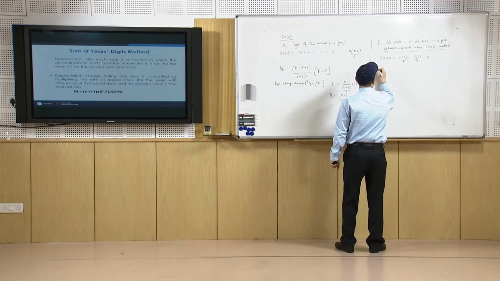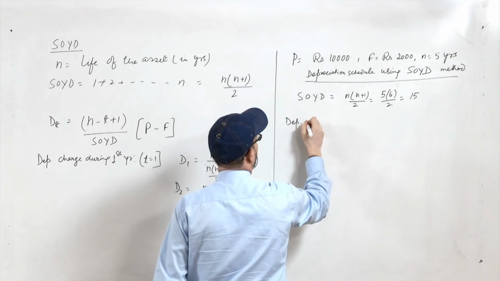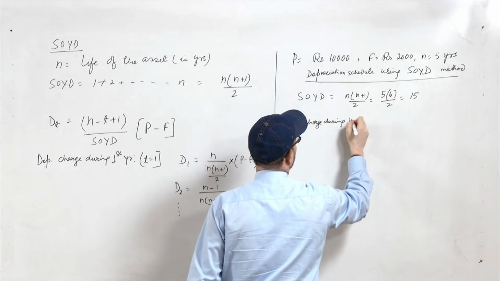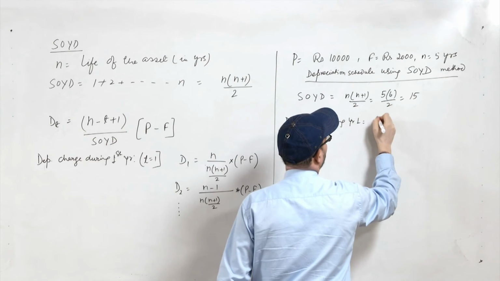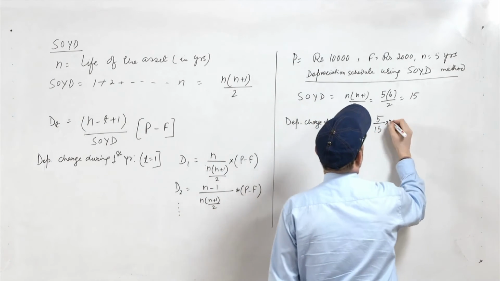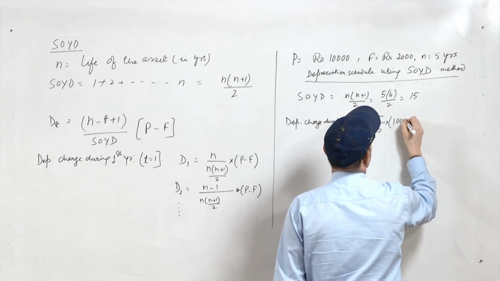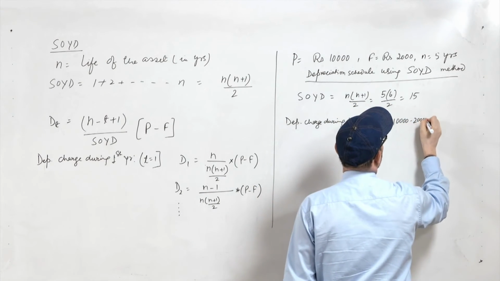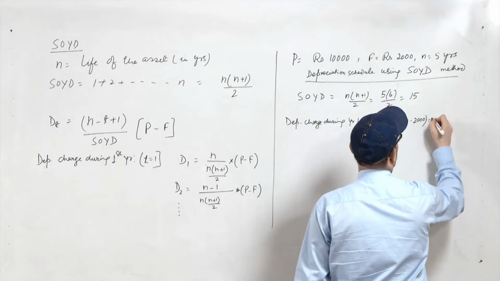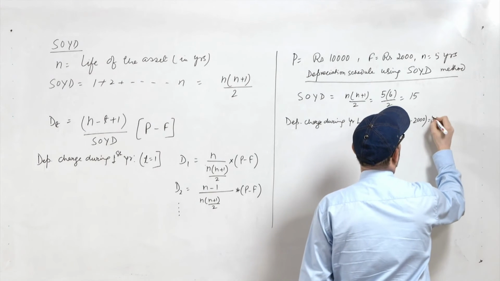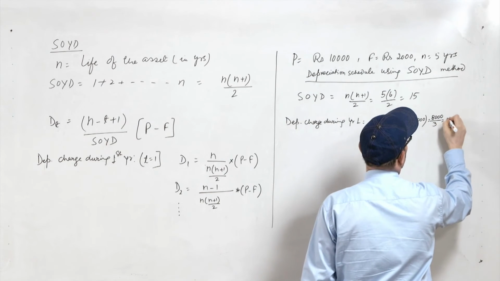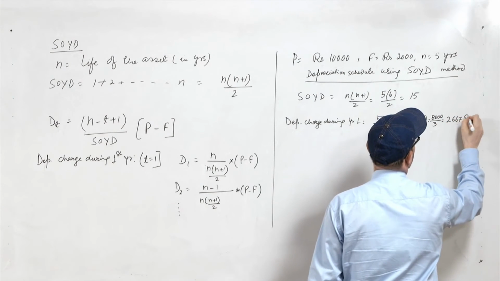The depreciation charge during year 1 will be 5 upon 15 into (10,000 minus 2,000). So, it will be 5 upon 15 into 8,000, that is 8,000 by 3, which is 2667 rupees.